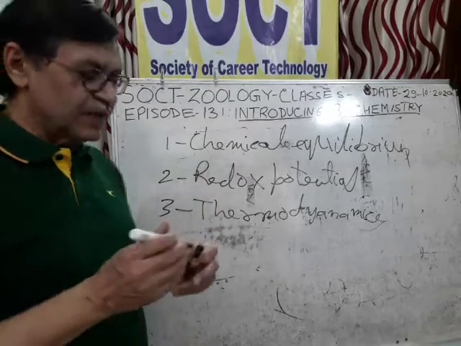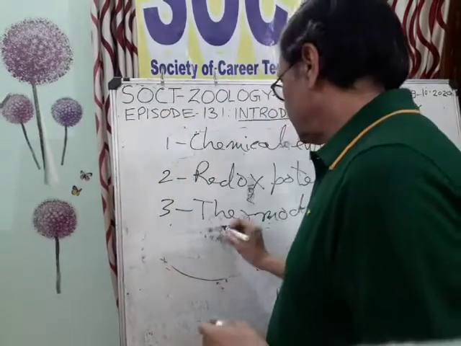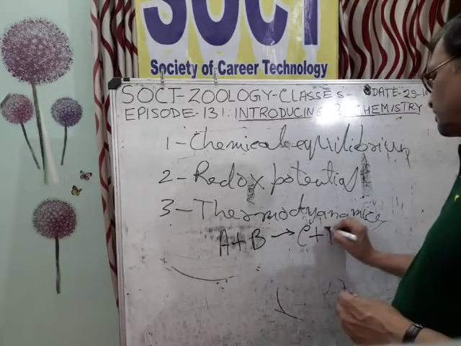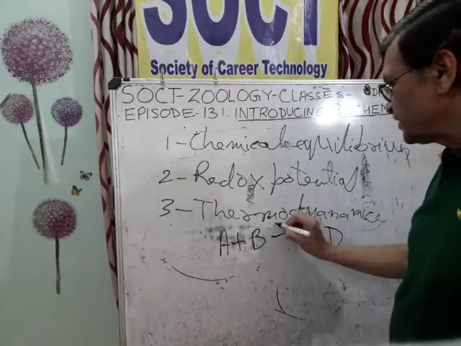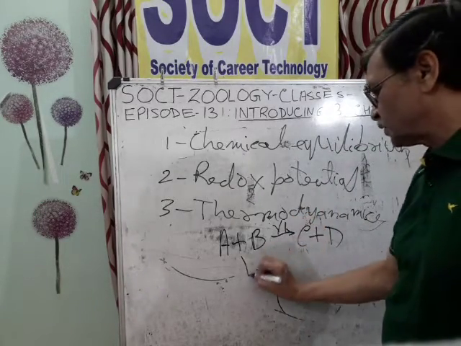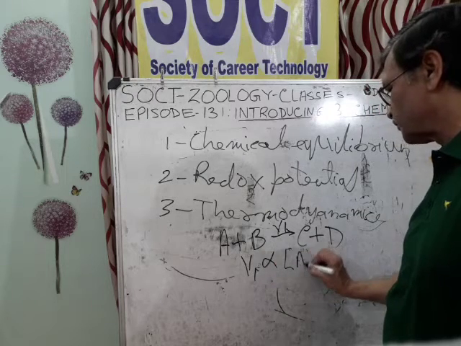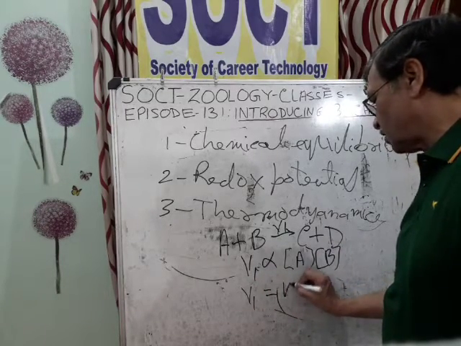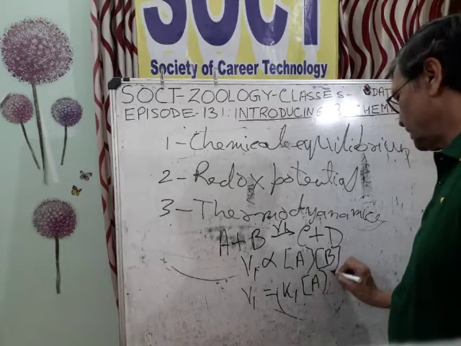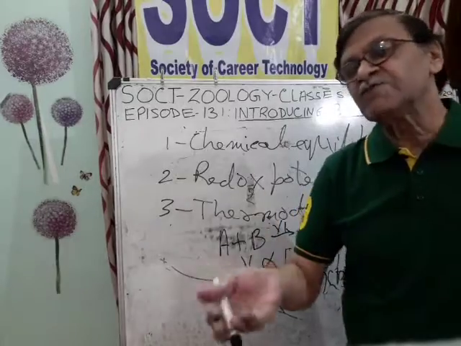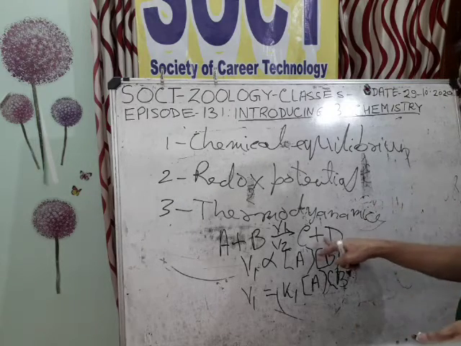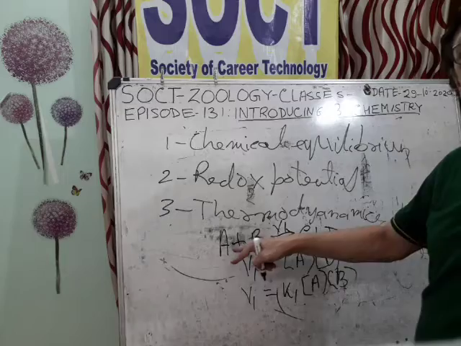Now let us talk about chemical equilibrium. You know that in a reaction, A plus B combine to form C plus D. In this case, the rate of reaction of formation of C plus D, V1, will be proportional to the active mass of A into the active mass of B, and V1 will be equal to a constant K1 times the active mass of A into the active mass of B. Similarly, for the backward reaction, after some time some C and D molecules will start uniting to make again some A and B molecules.